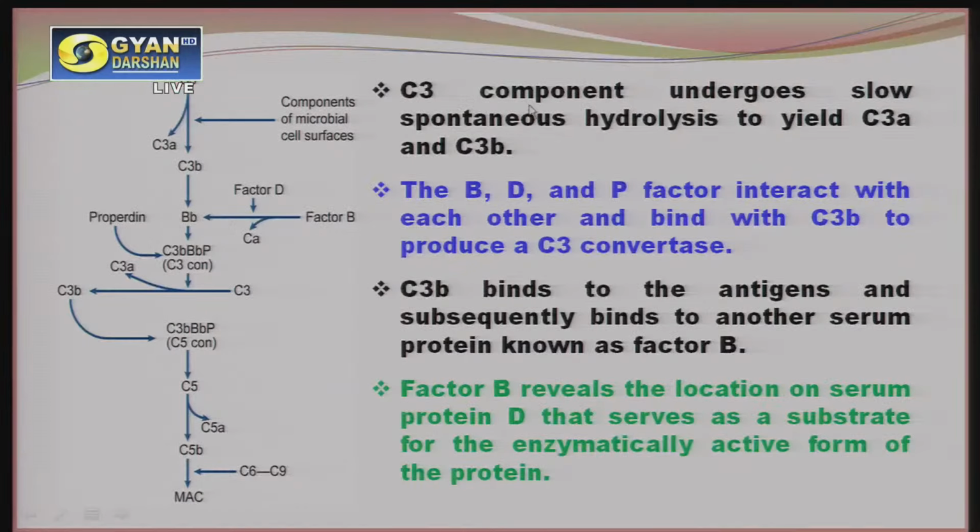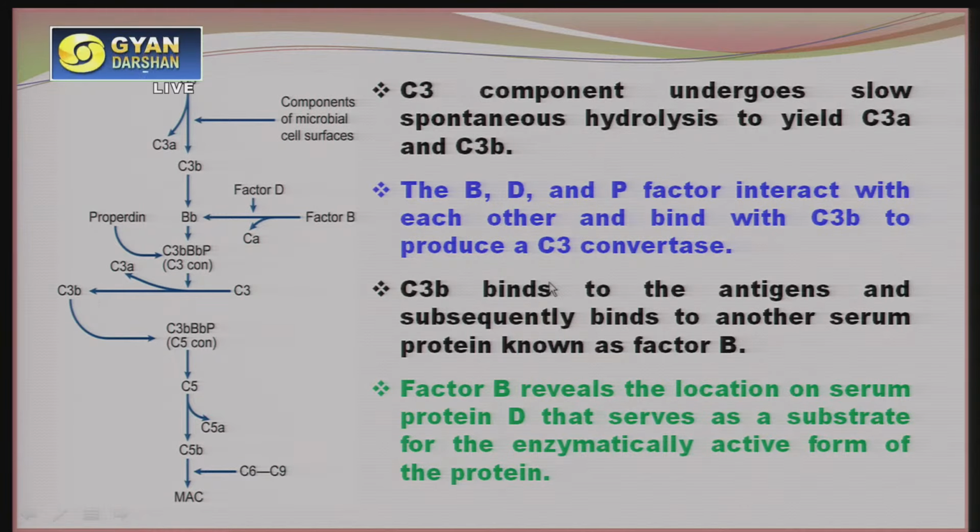And the C3 component undergoes spontaneous hydrolysis and yields C3a and C3b. The B, D and P factors interact with each other and bind to the C3b and produce a C3 convertase.